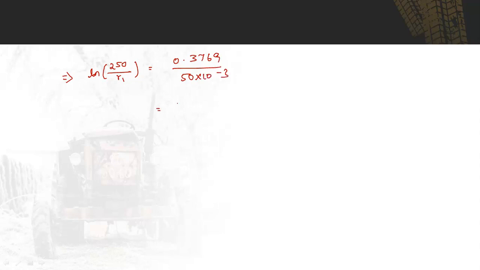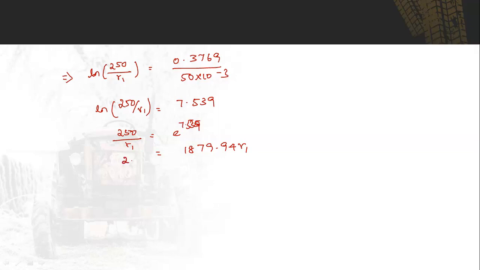So again you solve this, you can get 7.539. ln of 250 divided by R1 is 7.539. So to cancel this ln, taking e on both sides, 250 divided by R1 is equal to e to the power of 7.539. So e to the power of 7.539 value is 1879.94, so 1879.94 R1 equals 250.